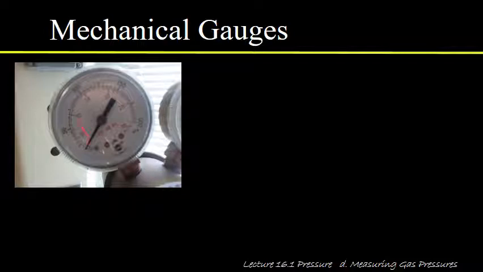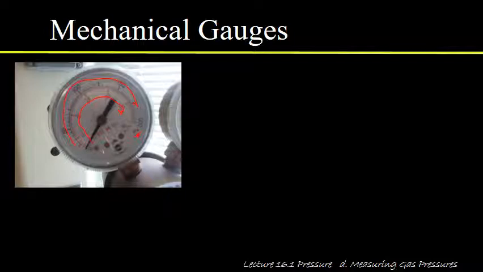On the inside here, it has pressure in psi, and on the outside, it's like kilopascals. Okay, and usually gauges, for some reason, usually have two different sets of units on them. So that's not very uncommon.